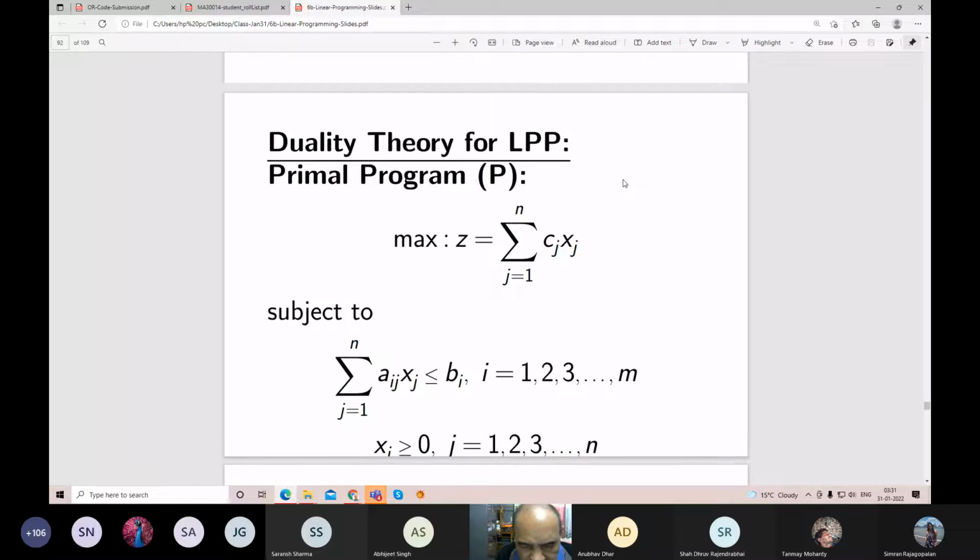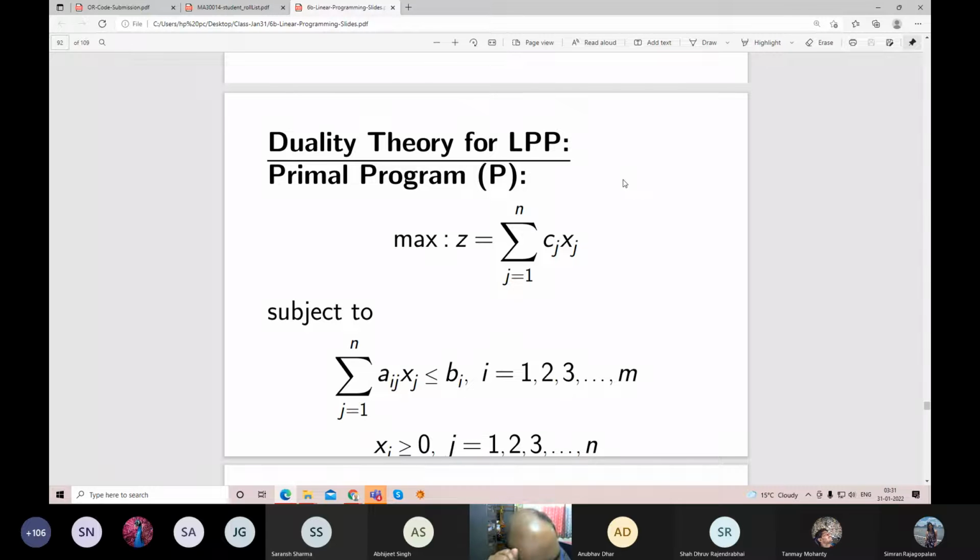There are constraints, all of less than or equal type. Whatever the bi is given, that bi is also non-negative. All the right-hand side parameters are non-negative. And there are n decision variables, which are also non-negative. This is a linear programming problem.